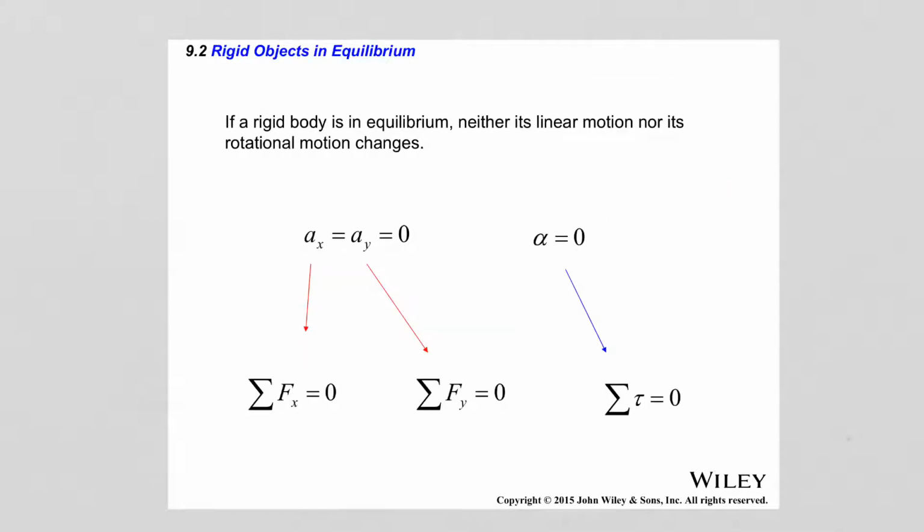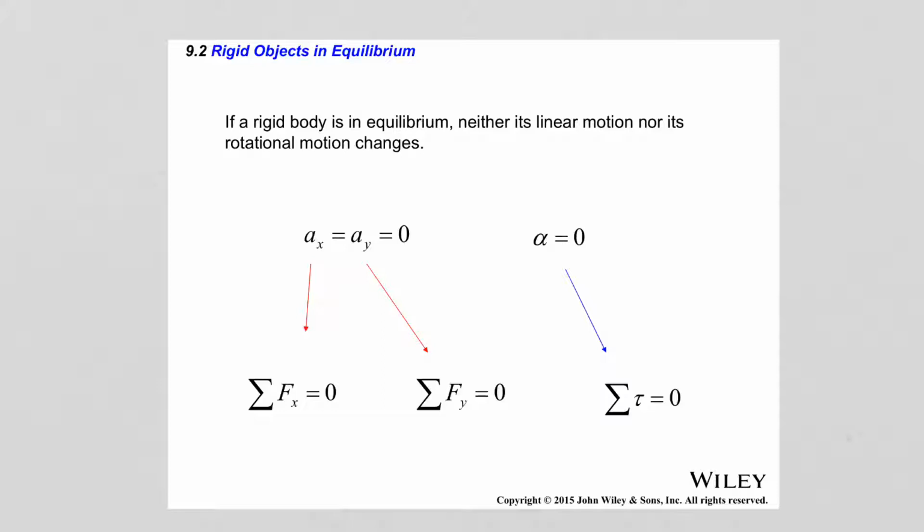We say that the rigid body is in equilibrium when neither its linear motion nor its rotational motion changes, which simply means that its linear acceleration, both x and y components, are zero, which means that the net force in the x direction and the net force in the y direction is zero, and its angular acceleration is zero. So the net torque that's acting on this rigid body is zero as well.